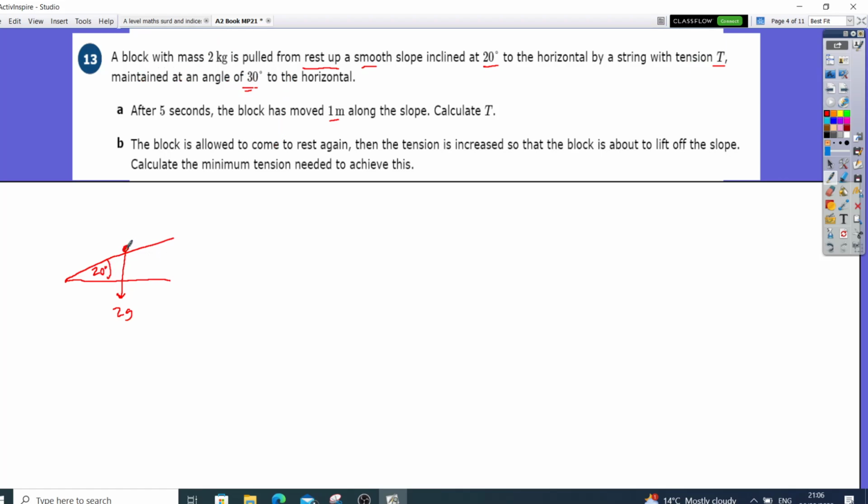So if that's the particle, that string to the particle, we know that's 20, so this will have a further 10 degrees here. That corresponds to the 20 angle here, but from the slope, the string will be 10 degrees up from there to there.